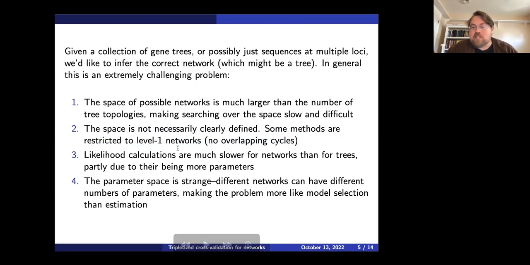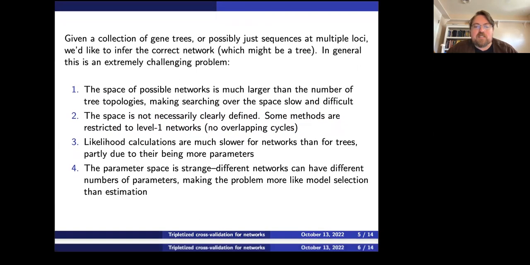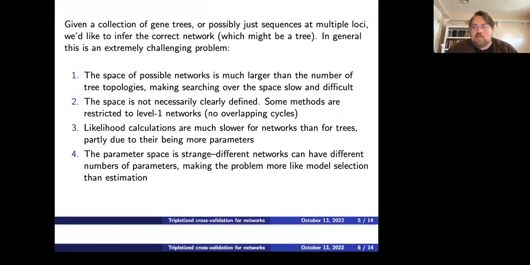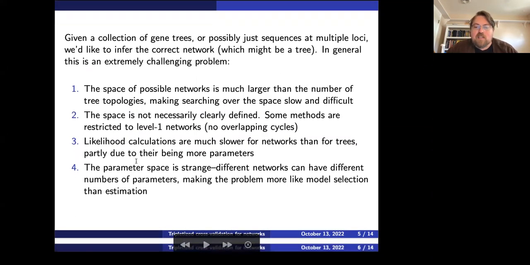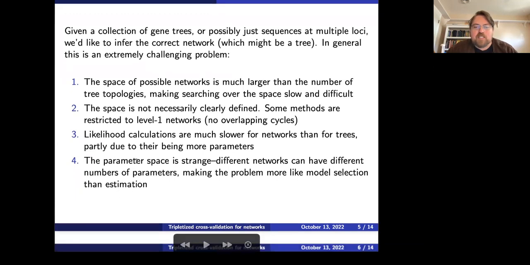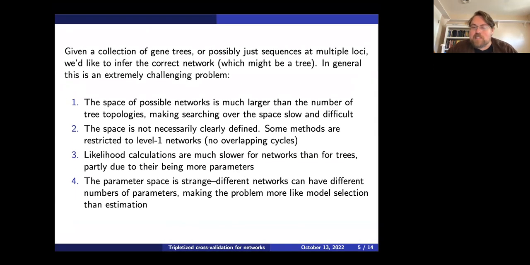Likelihood calculations are much slower for networks than for trees, partly because there are more parameters. And the parameter space is kind of strange. So different networks have different numbers of parameters, which from a statistical point of view, makes the problem seem a little more like model selection than estimation.